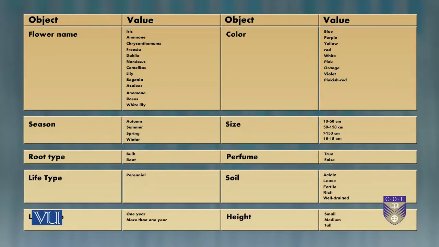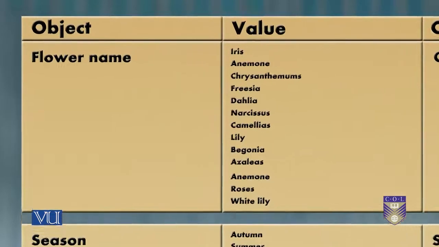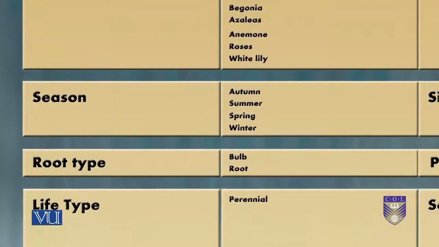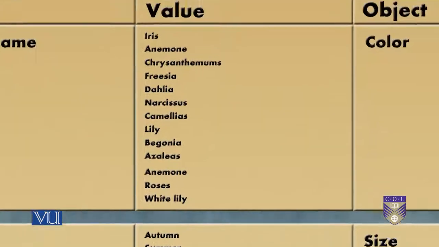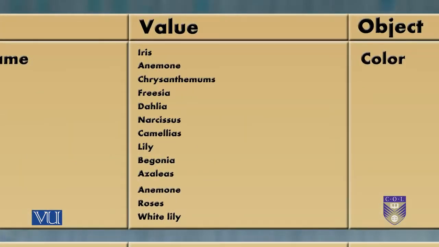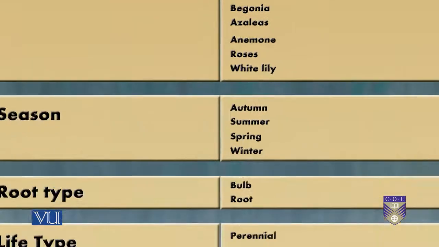So if you look at the table, the first column has a flower name, a season, a root type, life cycle, life type. These are those objects. And then the second column gives you the values against each of these. Remember, just like we said in the previous example, we had winter and the wind blowing. The wind blowing had, let's say, 2 or 3 conditions and so forth. Likewise, here we have flower names, several of them, then the season.